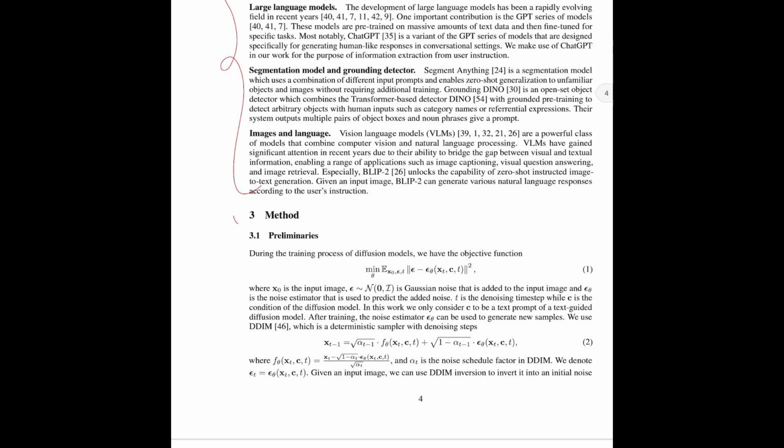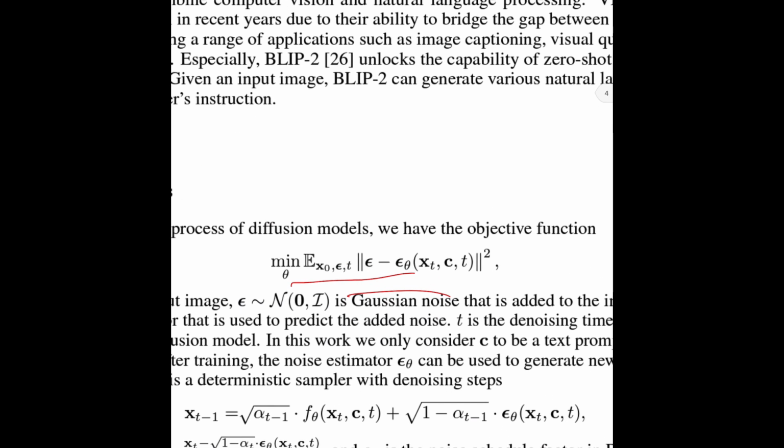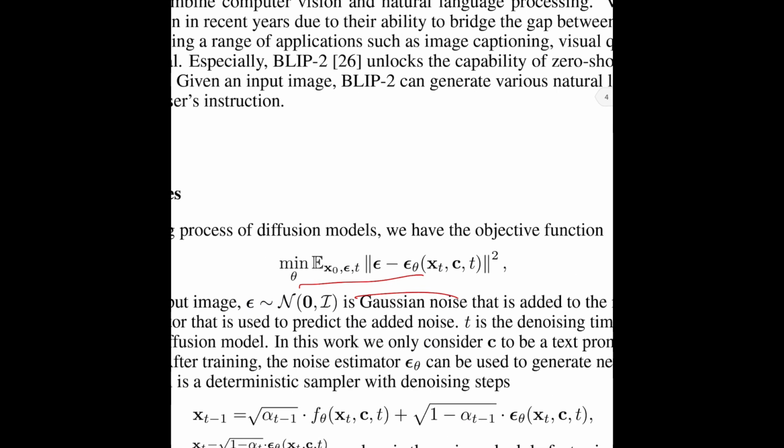Then comes the method section, where you usually find a bunch of equations. Now this becomes scary for the first time, but when you take this equation and search online, you can get the meaning of all these symbols.